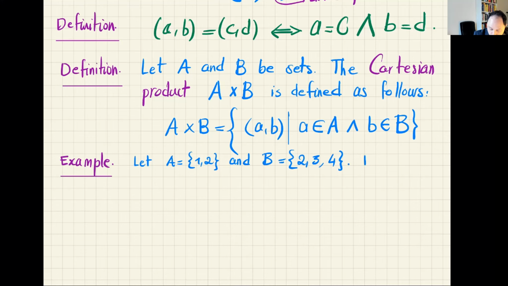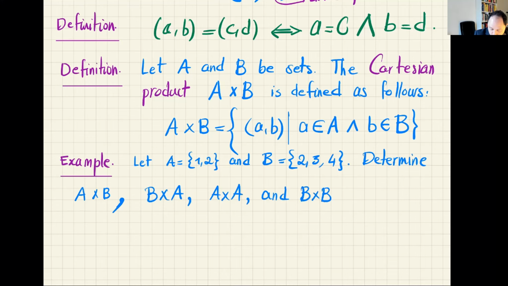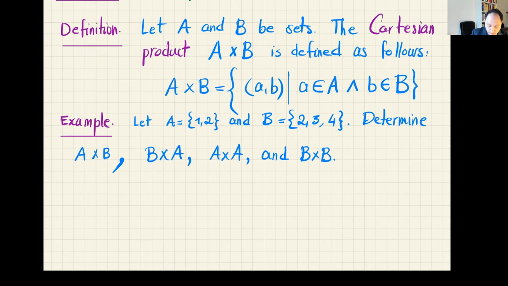Determine these sets: A cross B, another one, B cross A, for example A cross A, and finally B cross B. So we want to determine these sets.